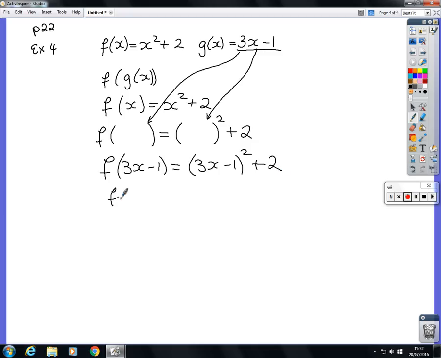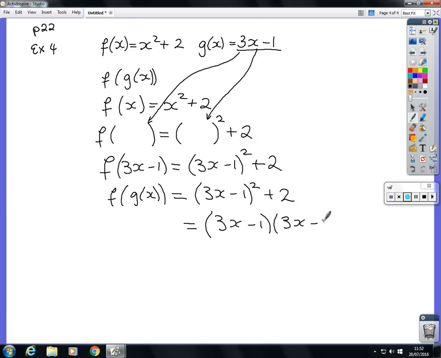So now we have f of g of x. 3x subtract 1 all squared plus 2. Now we can leave it like that or multiply out to get a simpler form. Write down 3x subtract 1, 3x subtract 1, add 2, expand the brackets, 3x multiplied by the second bracket, subtract 1 multiplied by the second bracket, and plus 2 at the end.